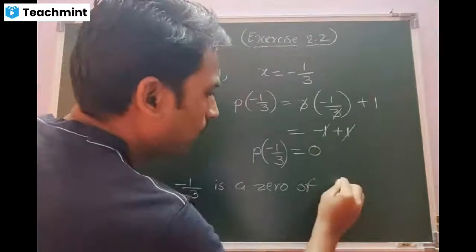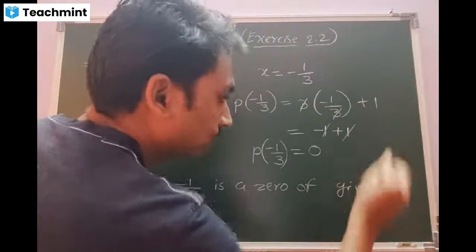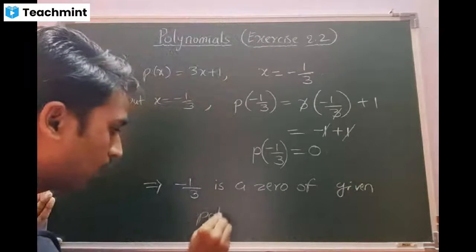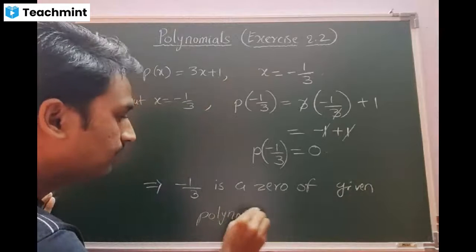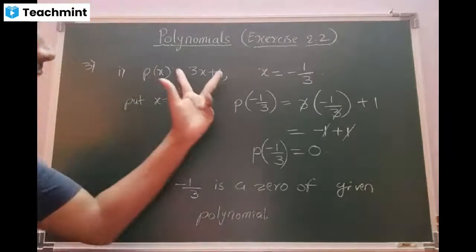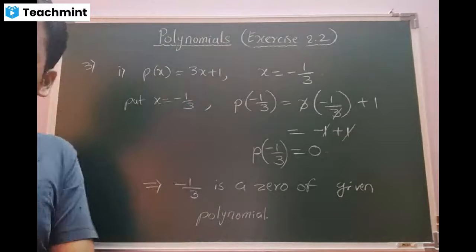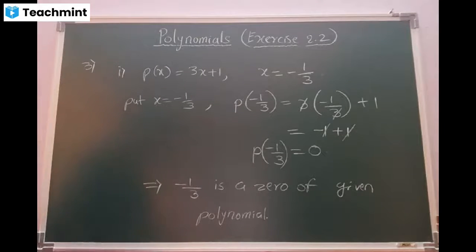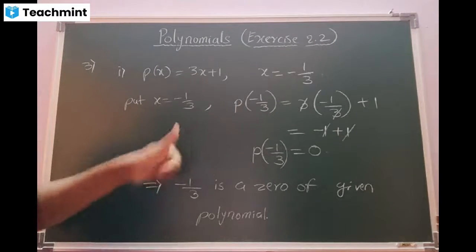Better, we'll write of the given polynomial. What is that given polynomial? 3x plus 1. Got it? Yes, sir. Beta, do it fast. Quick.